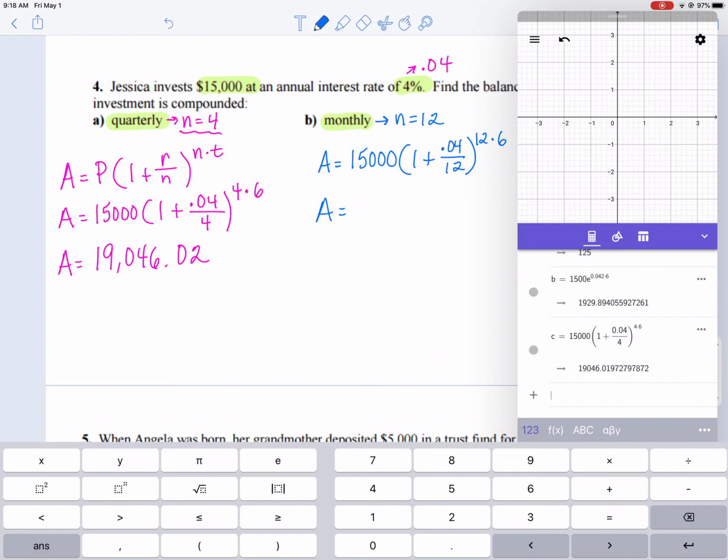So really, you could go back in if you wanted to, just to make life easier. Make the 4s become 12s, and now you have $19,061, so just a little bit more, and 13 cents.